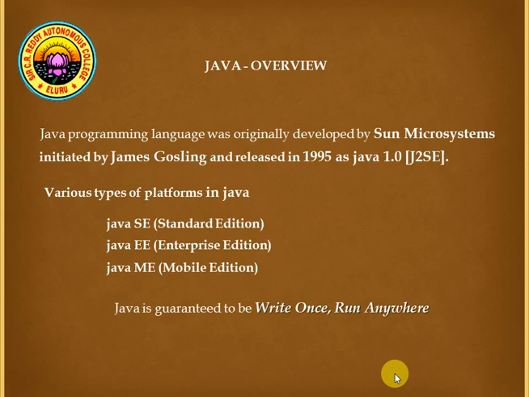That means if we write a program in Java, it can run on any system with any operating system. That's why we say Java is write once, run anywhere. Simply, this is the Java overview.